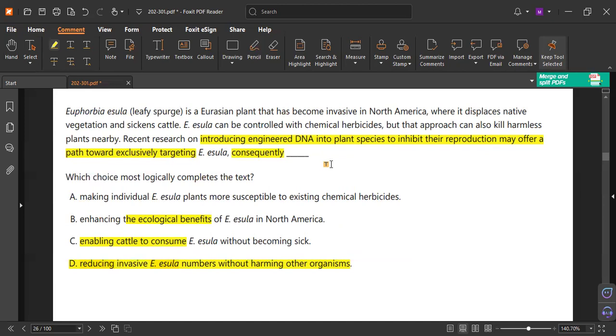Let me tell you a trick. Letter A says it makes individual plants more susceptible to existing chemical herbicides, but we use these chemical herbicides to reduce it, they did not already exist. You feel that?